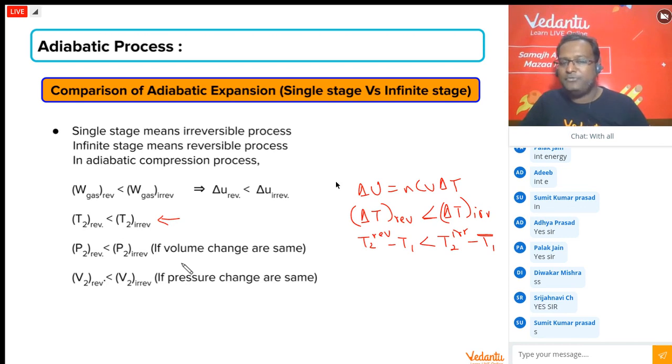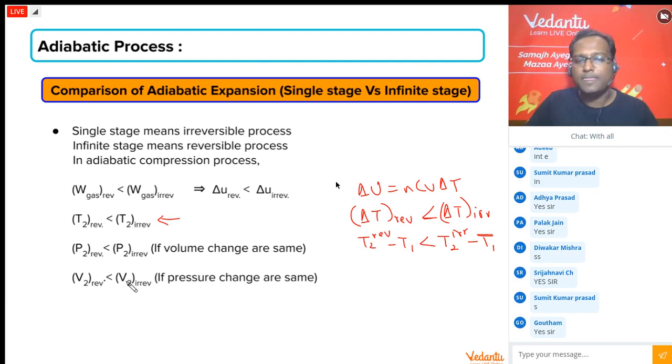I started off from a point P1 V1 T1, but T2 for reversible is coming less than T2 for irreversible. So definitely P2 and V2 will also be different, isn't it? They will not be the same. Are you with me?